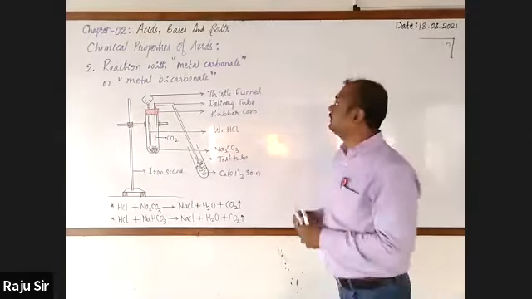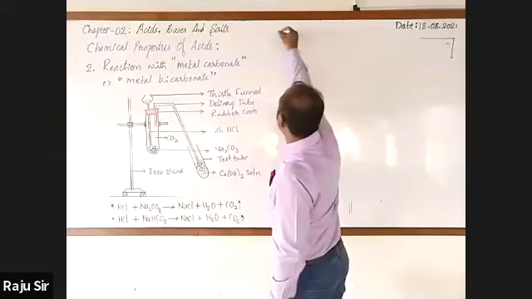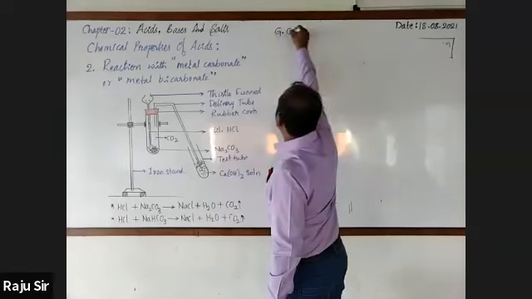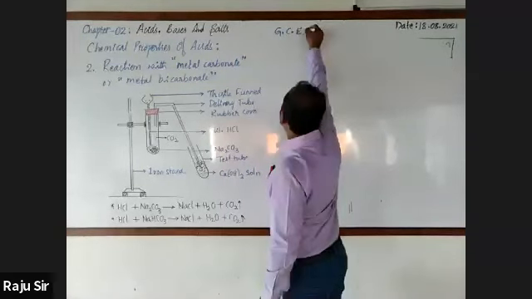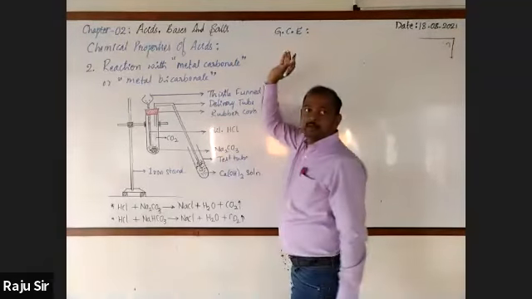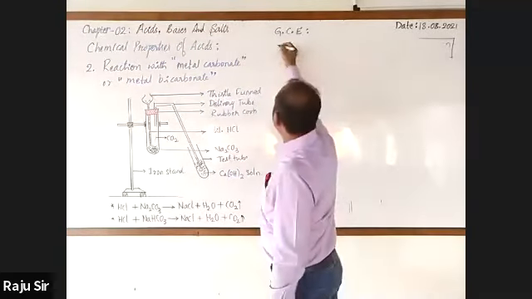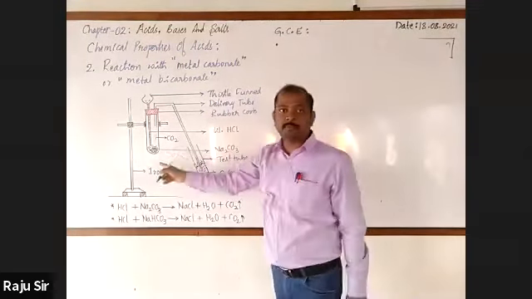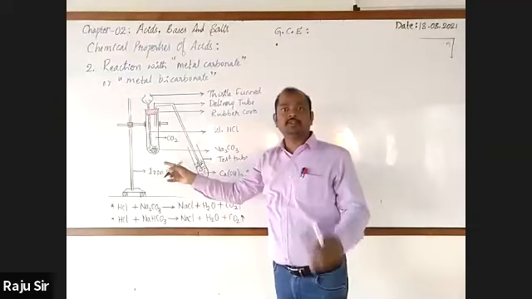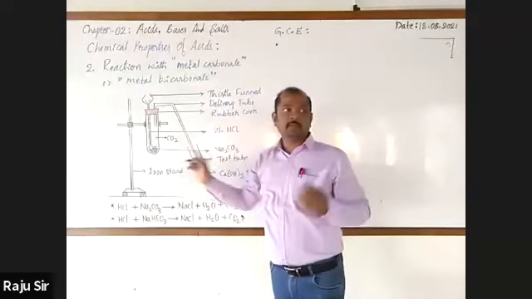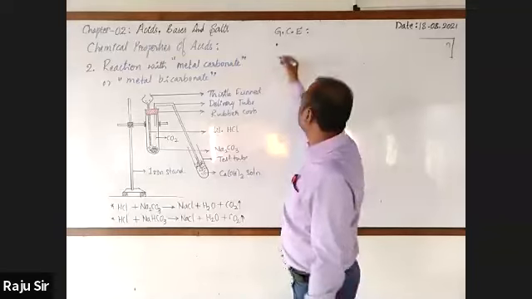Now let us go for writing the general chemical equation. There are two possibilities. In the first possibility, we have taken metal carbonate. In the second possibility, we have taken metal bicarbonate.